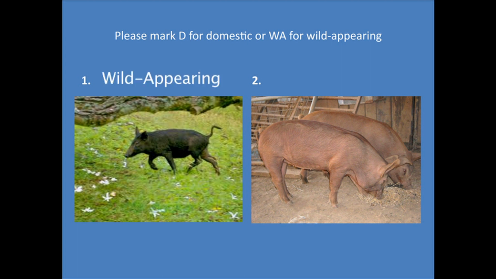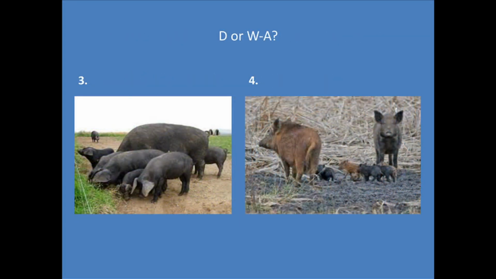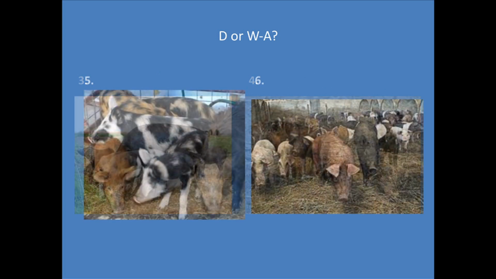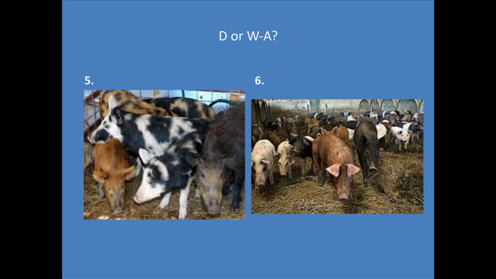Number 1, wild-appearing. Number 2, domestic. Number 3, domestic. Number 4, wild-appearing. Number 5, wild-appearing. Be sure to notice all the colors.